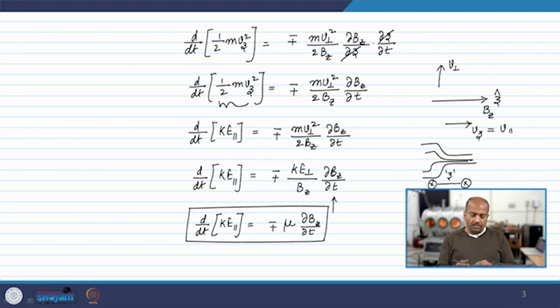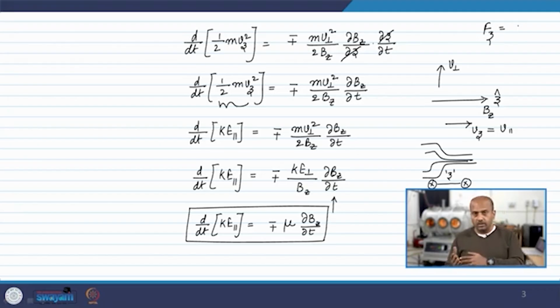We have already had this sort of expression, but we never had the kinetic energy appearing on the left hand side. The earlier form of this expression is in terms of the force along the z axis. But now we have seen that, whatever happens, the kinetic energy is changing, right? And who is compensating for this change of kinetic energy?